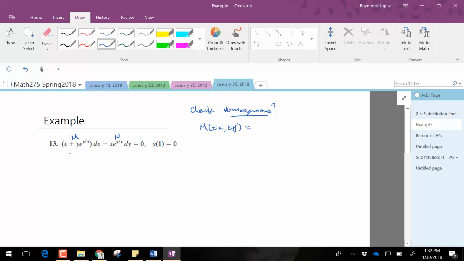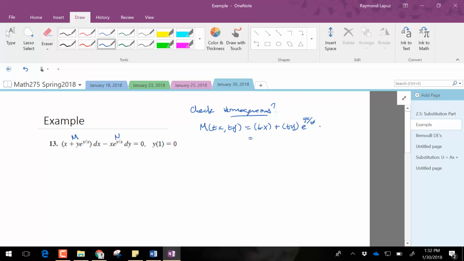For the first one, we're going to get Tx plus Ty times e to the Ty over Tx. The t's cancel in the exponent, so that's good. That's not going to be an issue.